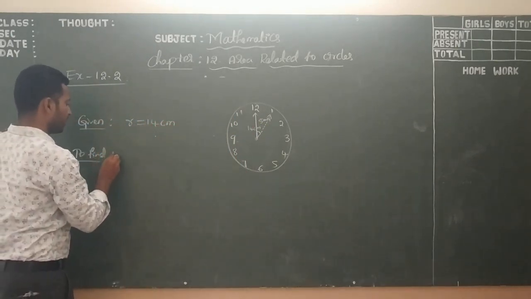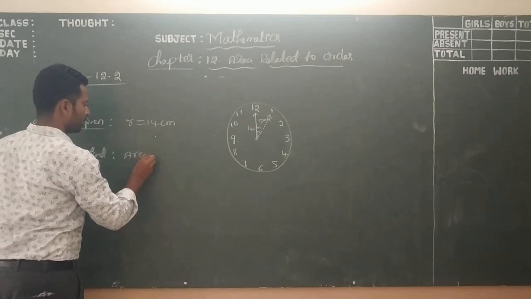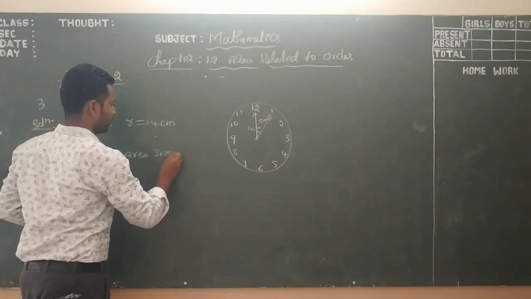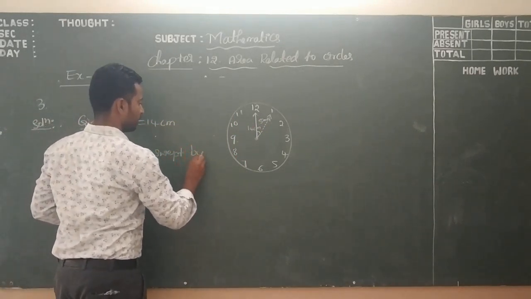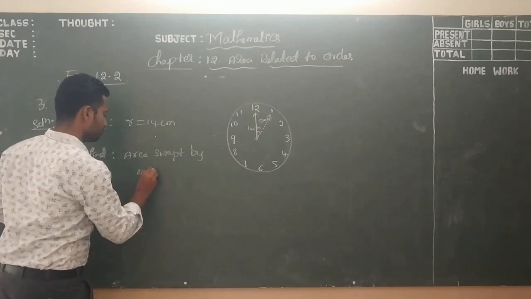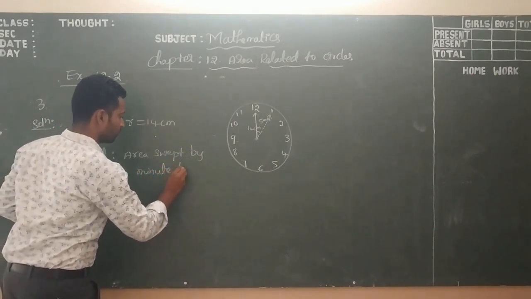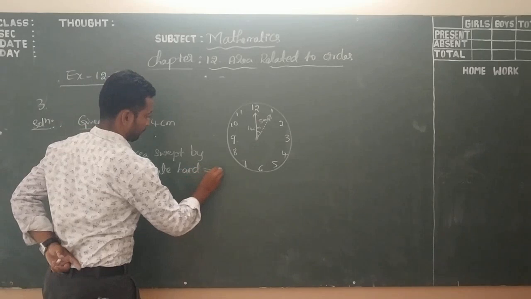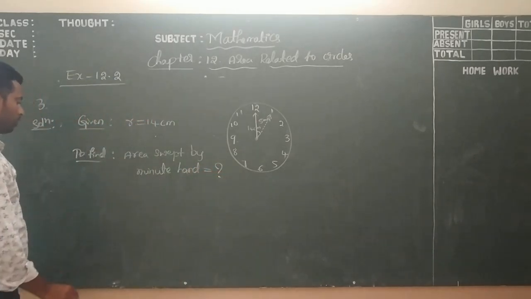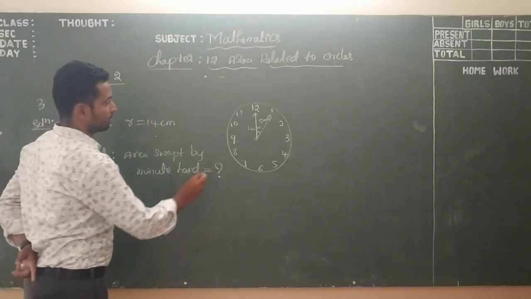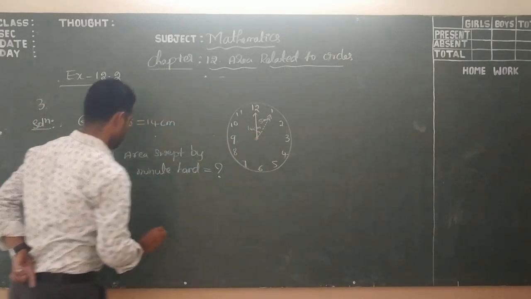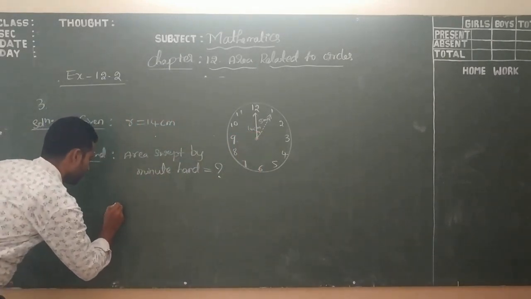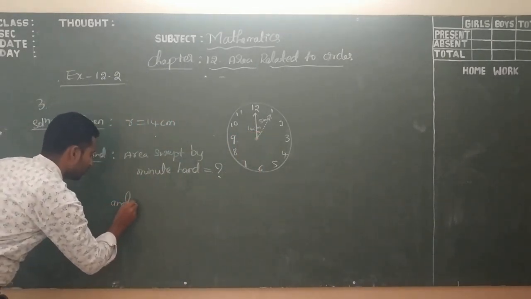So now you calculate the area swept by the minute hand. First you calculate this angle.